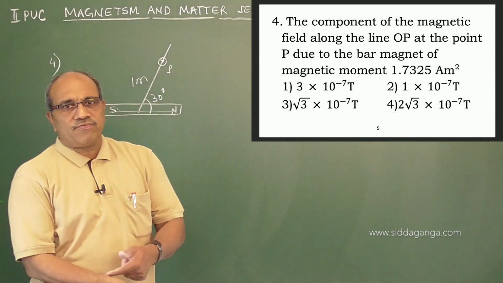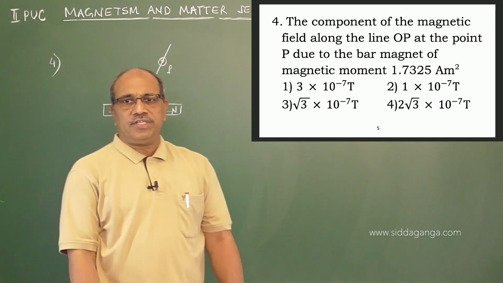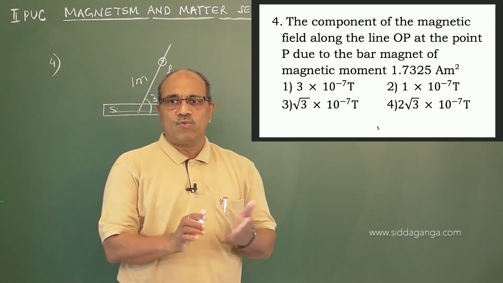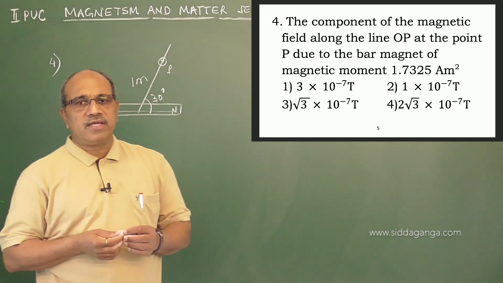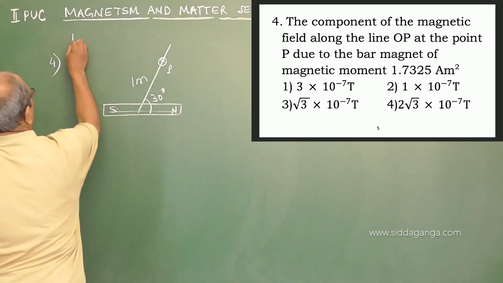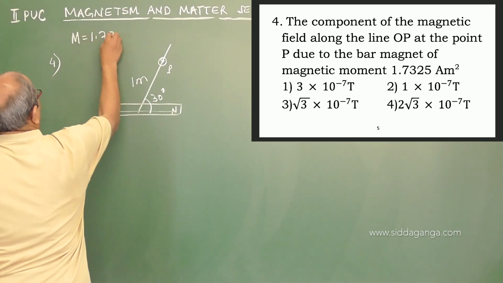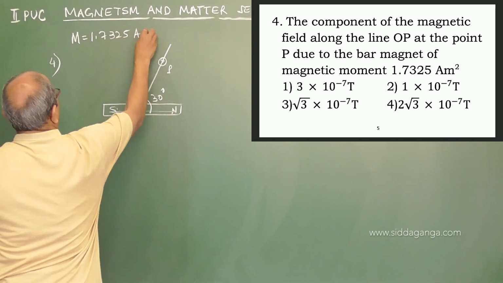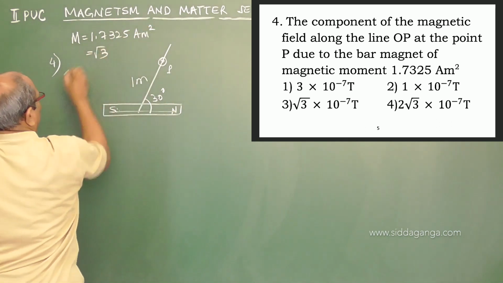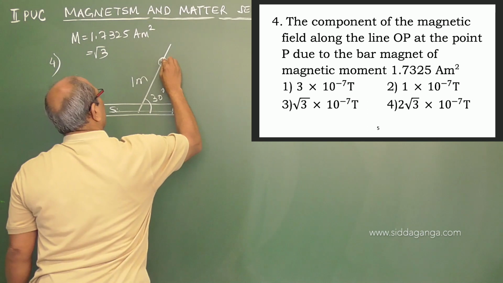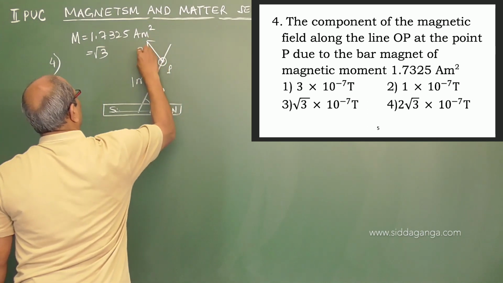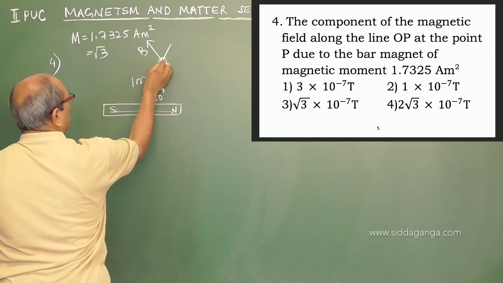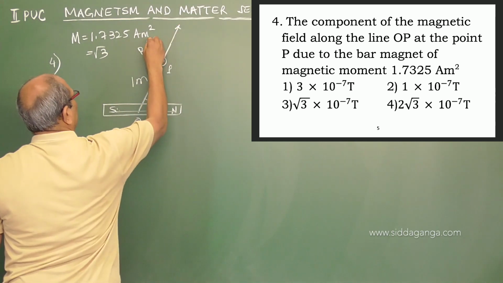The component of the magnetic field along the line joining OP, due to a bar magnet of magnetic moment 1.7325 ampere meter square, which is equivalent to root 3. Here the magnetic field comes to be B, but they are asking for the magnetic field along this direction.